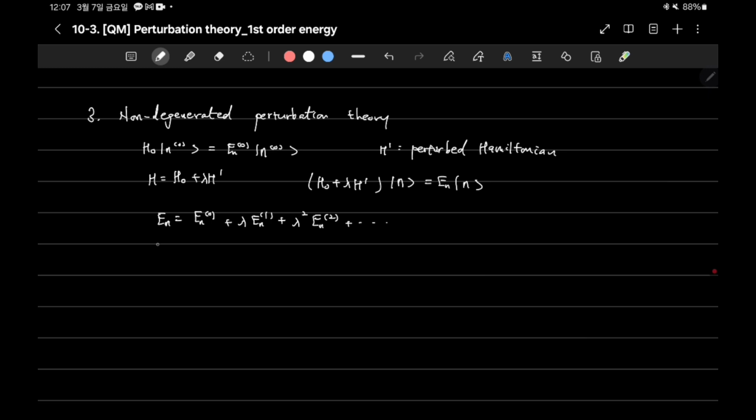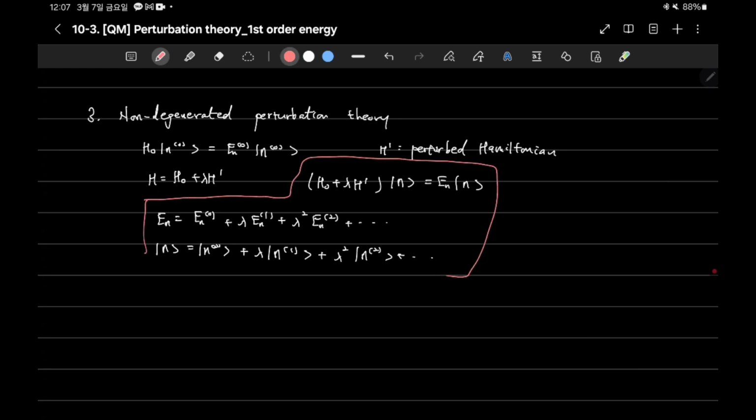The eigenstate can also be expanded in zeroth order, first order, second order, like this. And this is our assumption.